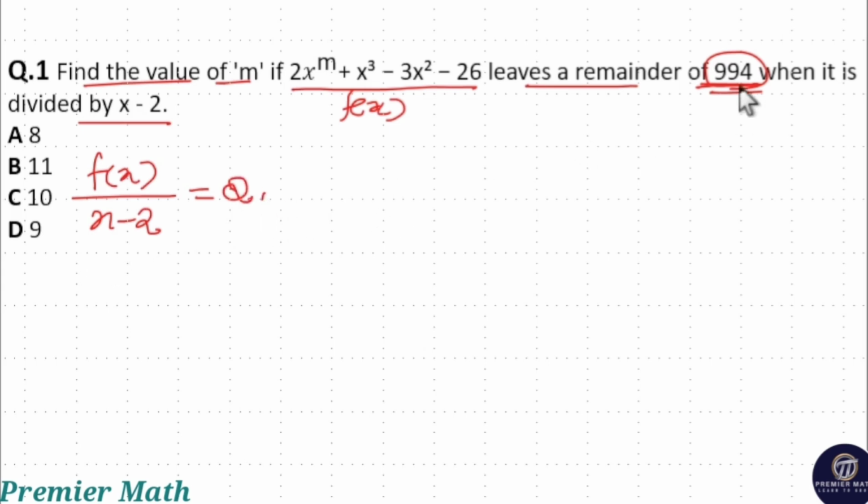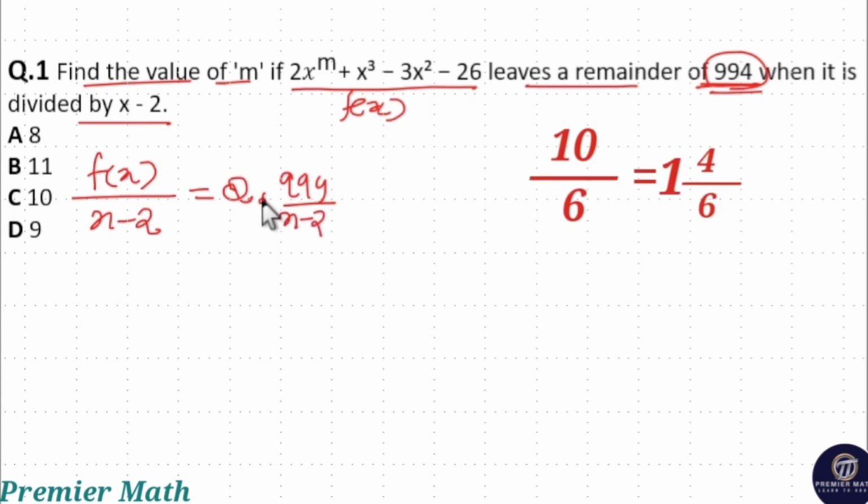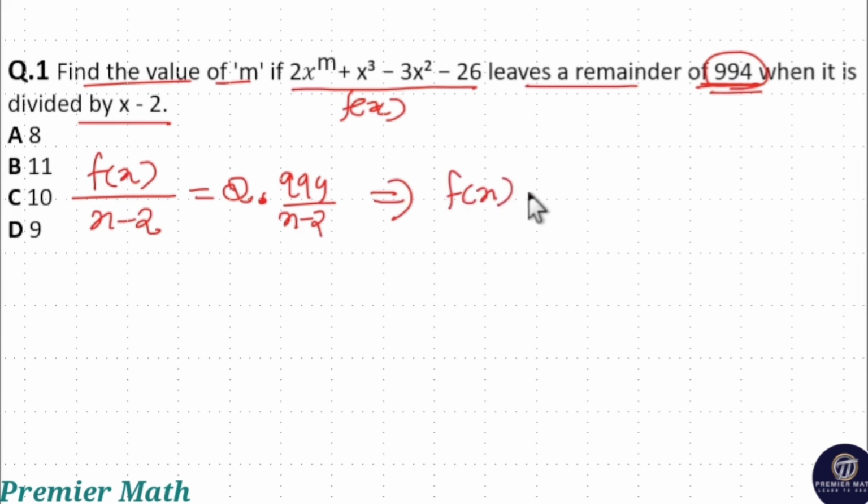And it leaves a remainder 994, that is 994 by x minus 2, because this is the remainder 994, it doesn't go in x minus 2. Now, you know f of x is equal to divisor into quotient plus remainder, that is quotient into x minus 2 plus 994.